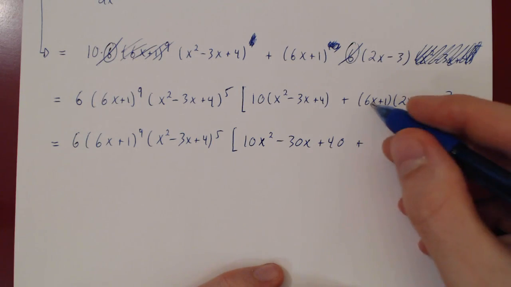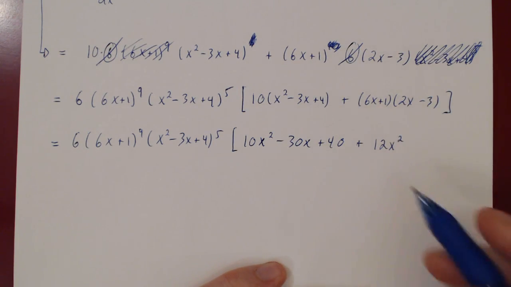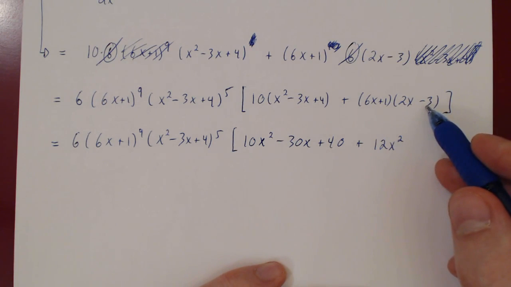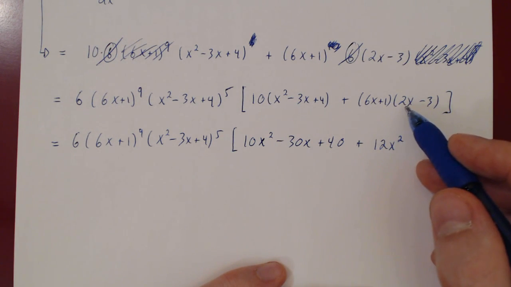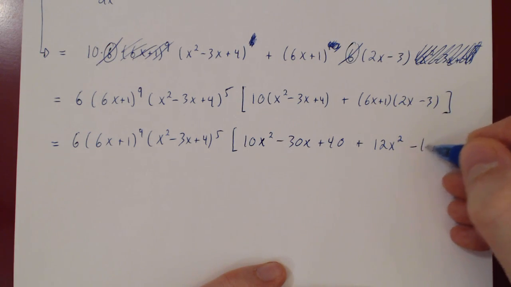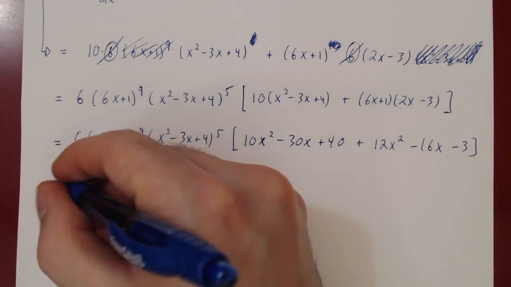plus 6x times 2x is 12x squared. 6x times negative 3 is negative 18x. Positive 2x, that gives us negative 16x. Plus 1 times negative 3, negative 3. And now we can simplify.